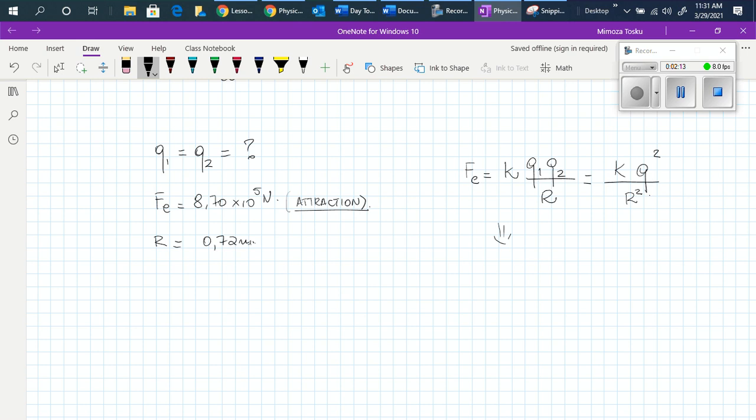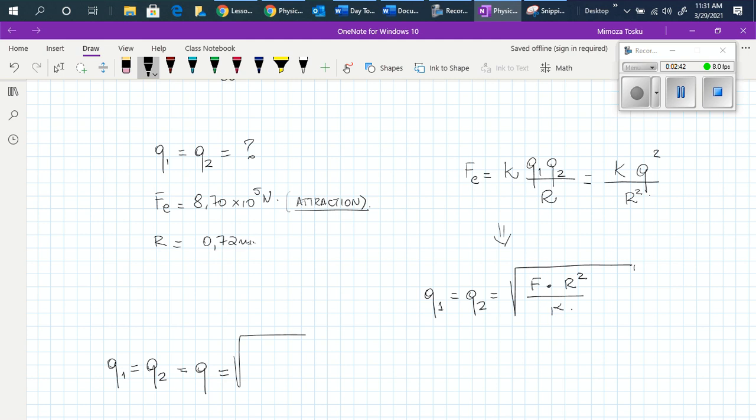So you can find from here that Q1, which is equal to Q2, will be the square root of force times distance squared over k. Or you can take the distance out of the square root, and it is the same thing. So Q1 equals Q2 equals the charge Q.